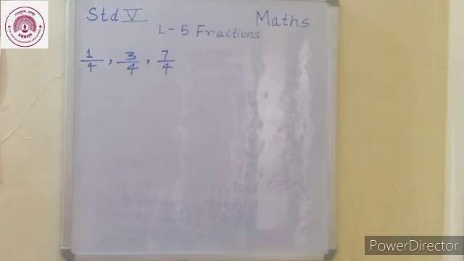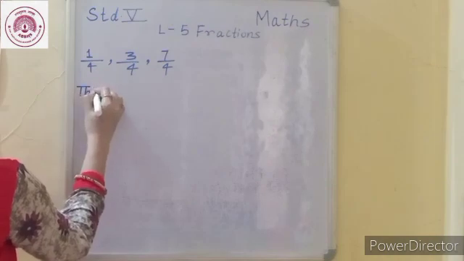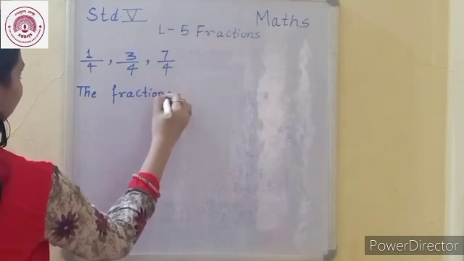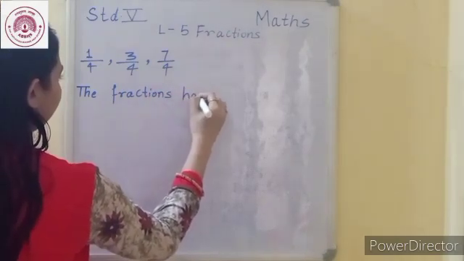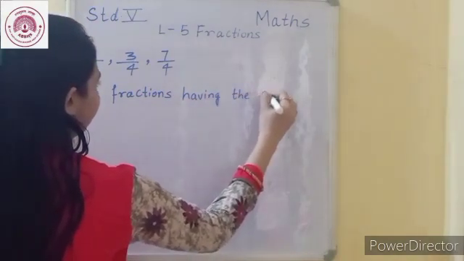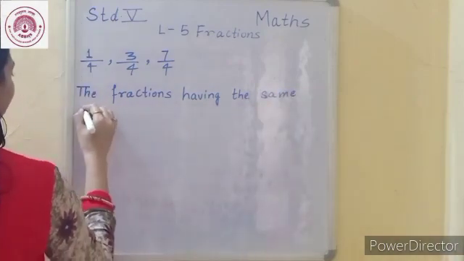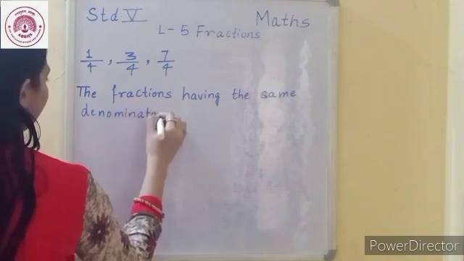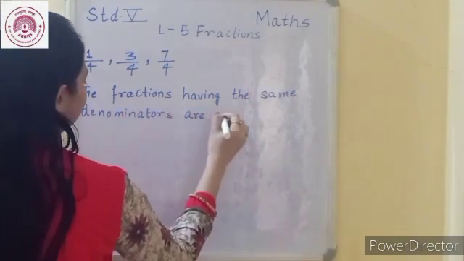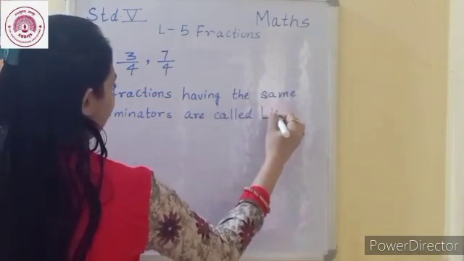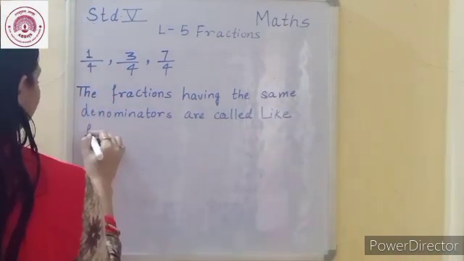Such fractions are called like fractions, or we can say the fractions having the same denominators are called like fractions.